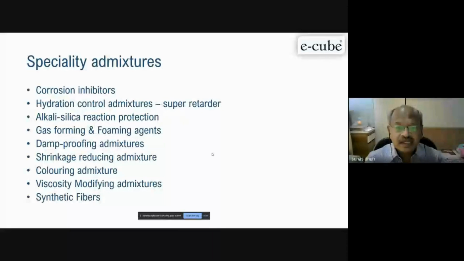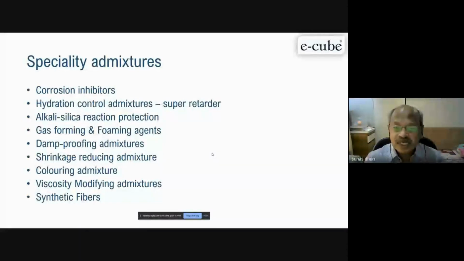Then we have hydration controlled admixtures, as we have discussed, that is super retardants. These are pure retardants. Earlier we were talking about superplasticizer. Now there are pure retardants. If I add this, concrete will not set. It means you can control your hydration process and your setting time.